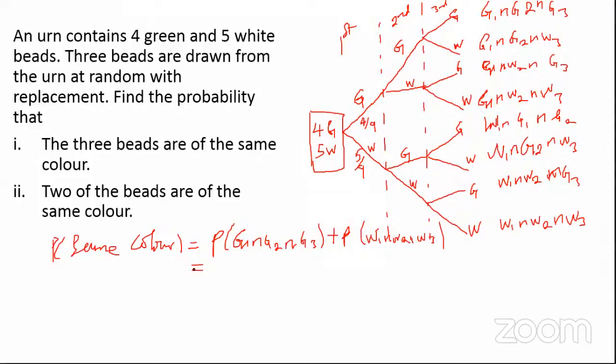Remember, our probability is with replacement. So with replacement, our beads do not reduce, and that means the probability remains the same. So 4/9 times 4/9 times 4/9. Then we shall add 5/9 times 5/9 times 5/9.